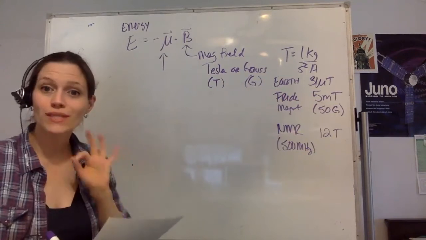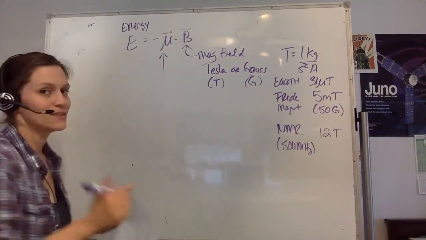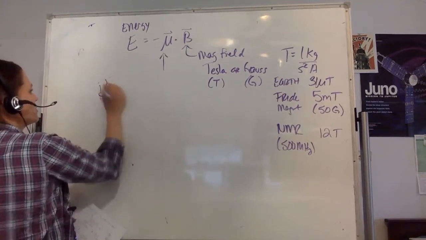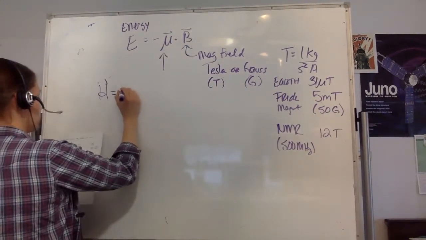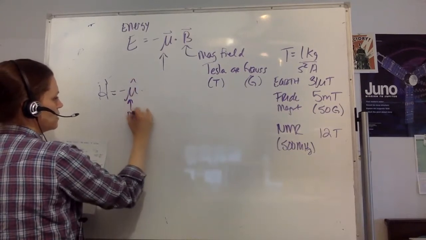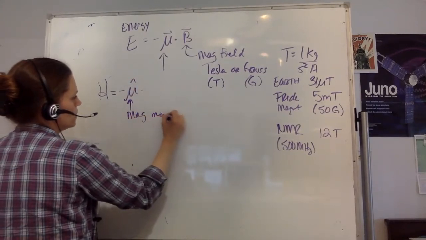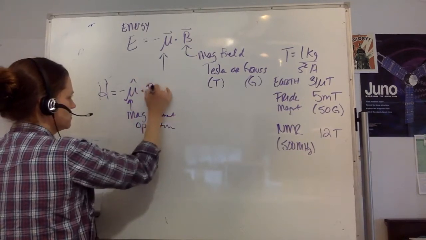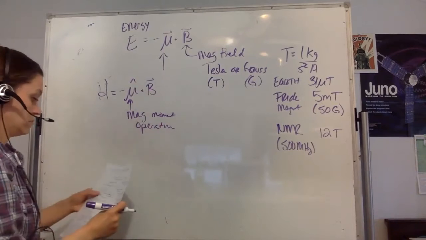Okay, to get the total energy of our system, you guessed it, I said total energy. This is a quantum class. Hamiltonian equals minus mu operator. This is the magnetic moment operator, dotted into the B field. Cool.